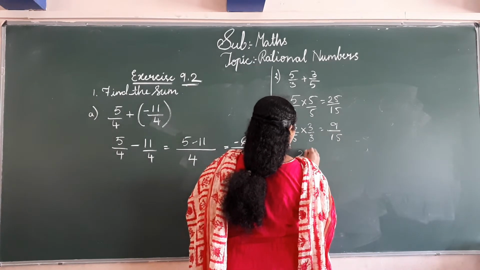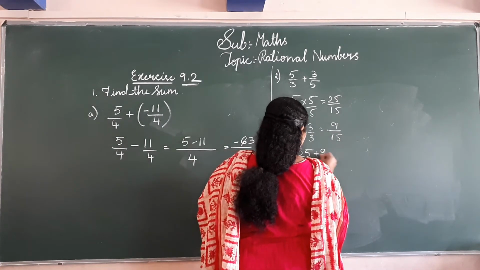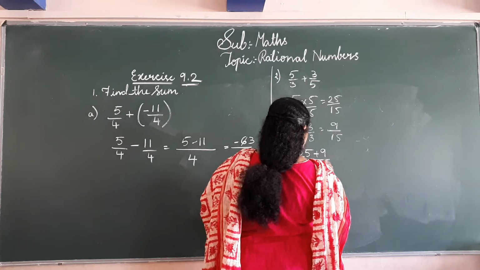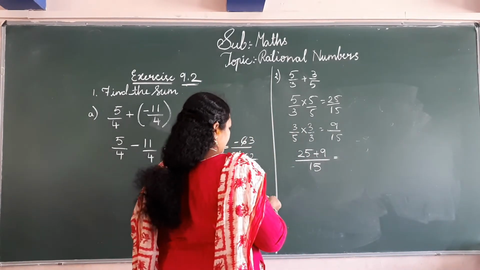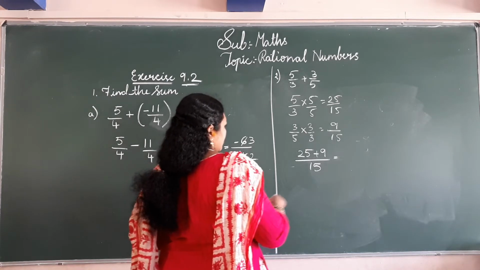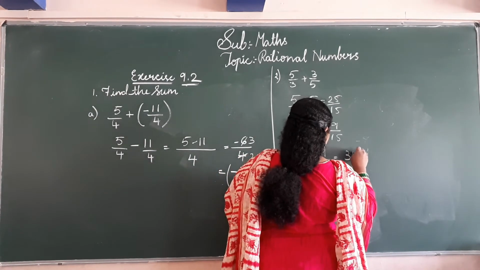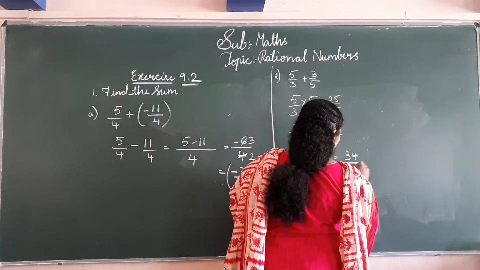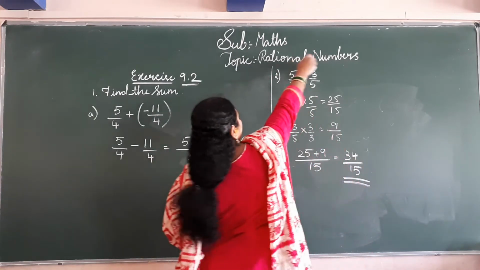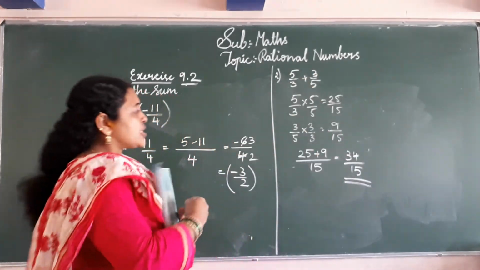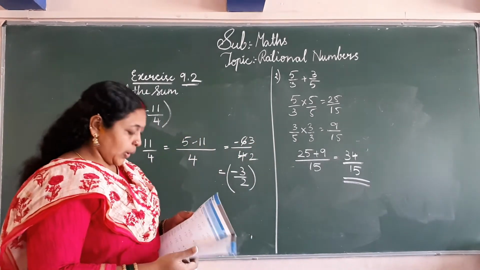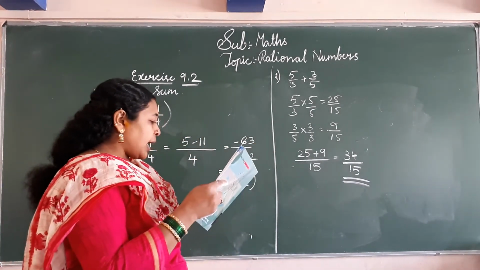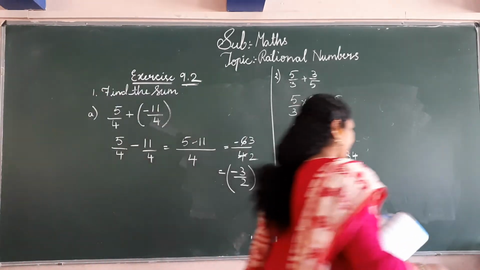So it is 25 plus 9 by 15. So what is 25 plus 9? 30, 31, 32, 33, 34. So it is 34 by 15. There are no negative numbers anywhere to be found, so you can do the direct addition method. Okay?